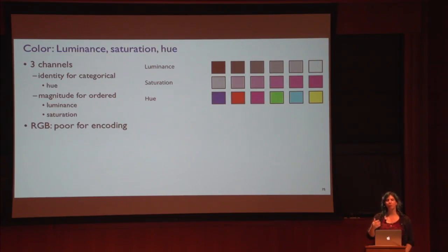So in general, it's much safer to think about color as luminance, hue, and saturation than as red, green, and blue when you're designing things. It's perfectly reasonable to convert back into RGB for display, but don't think about encoding that way.